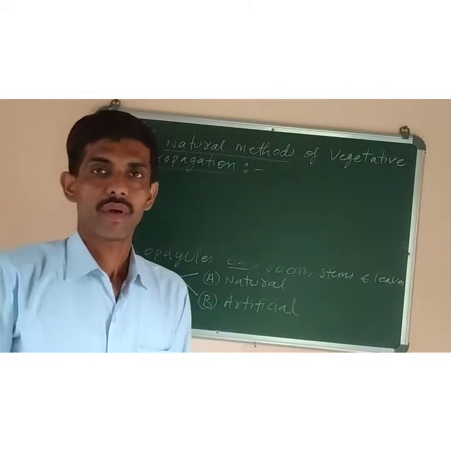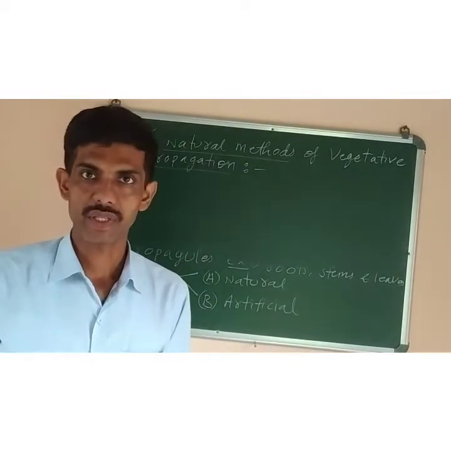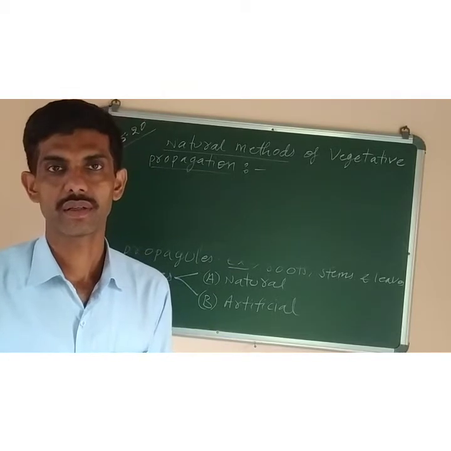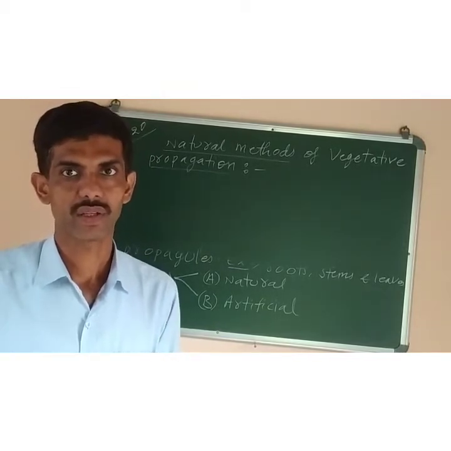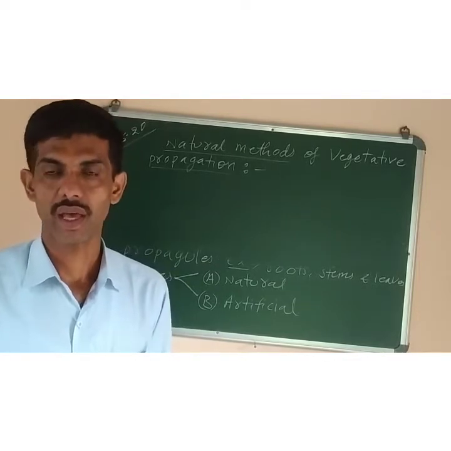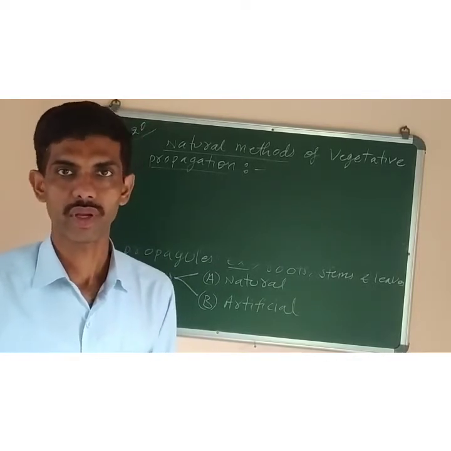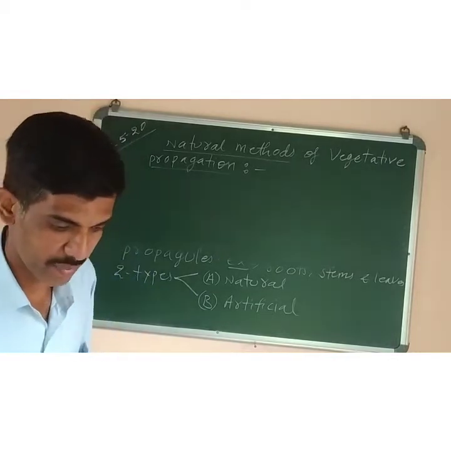Natural methods of vegetative propagation means in this method any part of the plant will detach from the parent plant and grow into a new independent plant. So this definition you have to write.